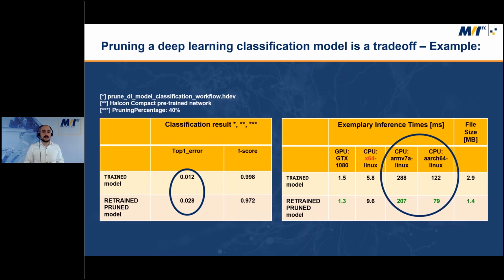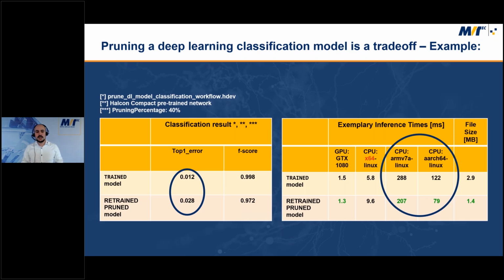There's one example that we can show you. In this example, the trained model had an error of 1.2%, but for this application, up to 3% was still sufficient. So we were able to prune this deep learning network by around 40%. We then achieved a 2.8% error rate, which was still acceptable.